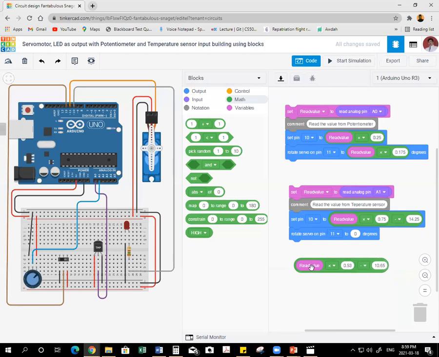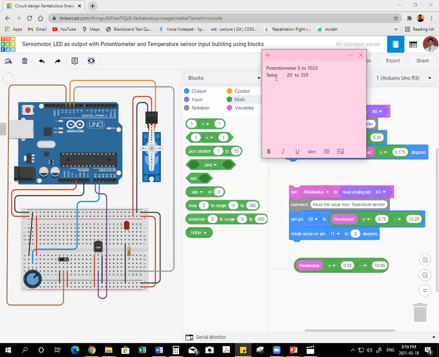Now, what is the read value maximum? I already told you, temperature from some temperature sensor, same thing. So 20 and 359. So 359 I had to scale down to 180 degrees, right? So 359 I have as read value maximum.